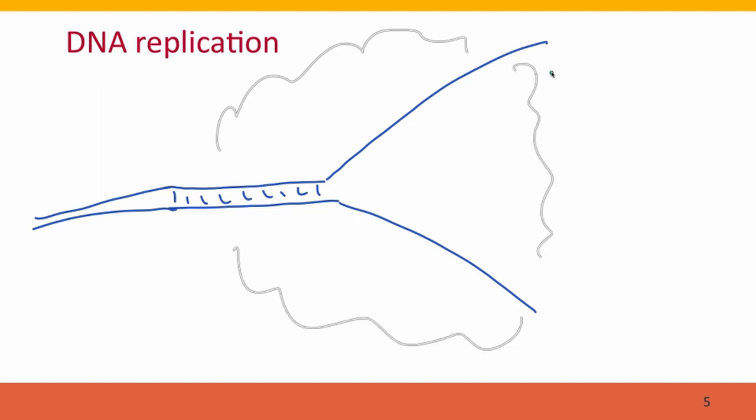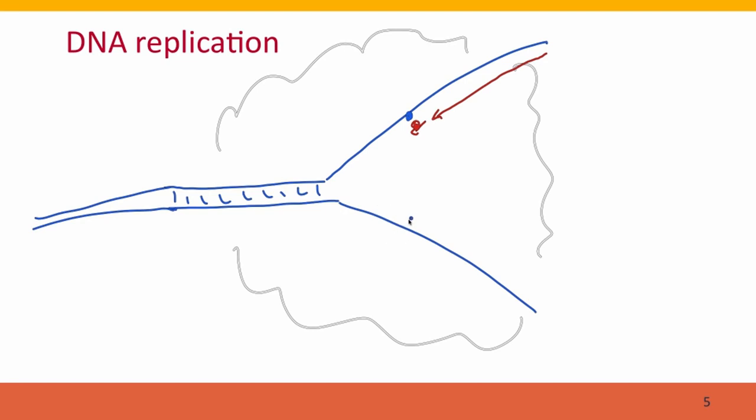DNA polymerase is then synthesizing new DNA by inserting new subunits, checking the base pair for complementarity to the existing base.